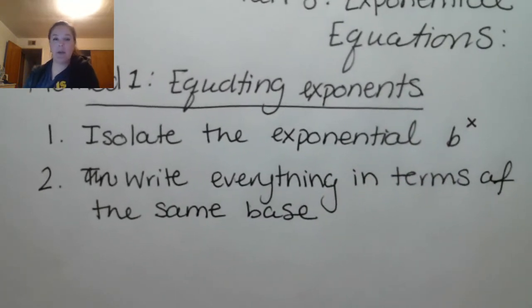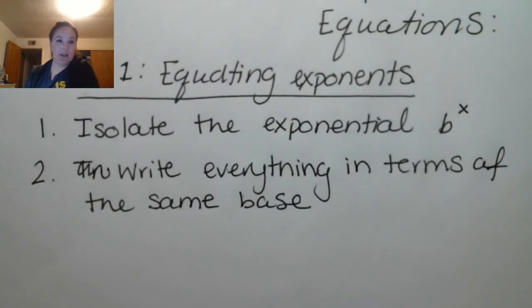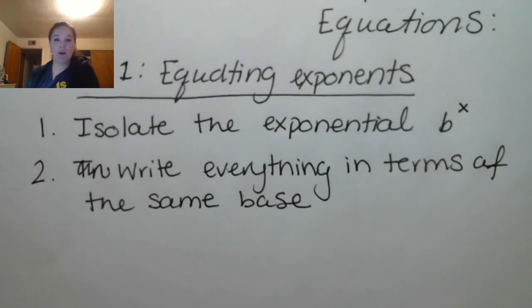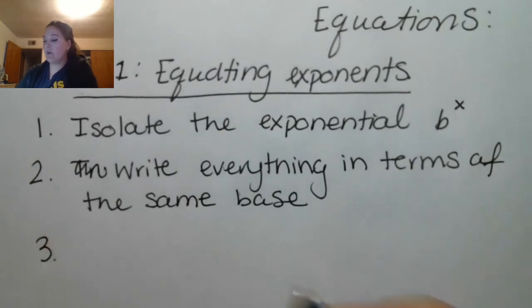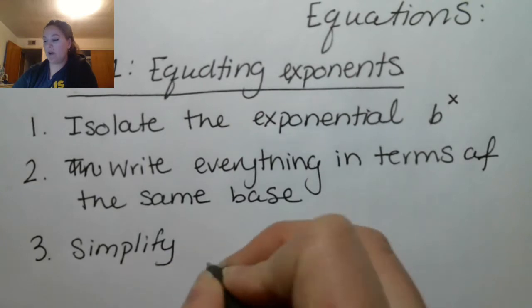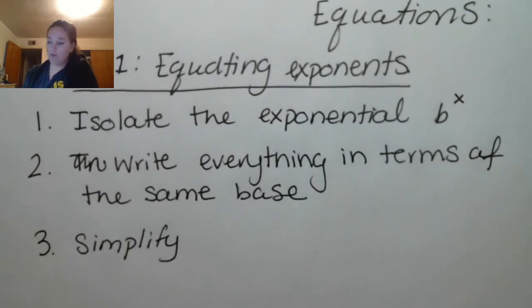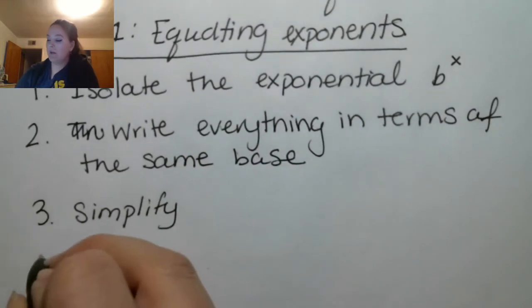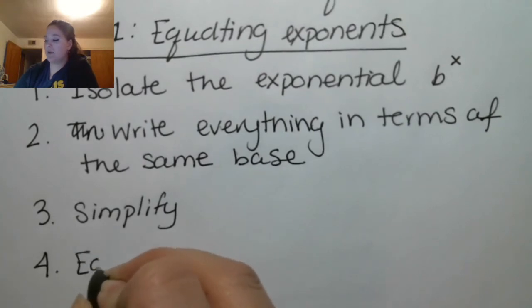It might be a different base, but you're going to write everything in the equation as a power of that same base. Then we're going to simplify. Now this is only if that's possible. Then we're going to equate exponents.